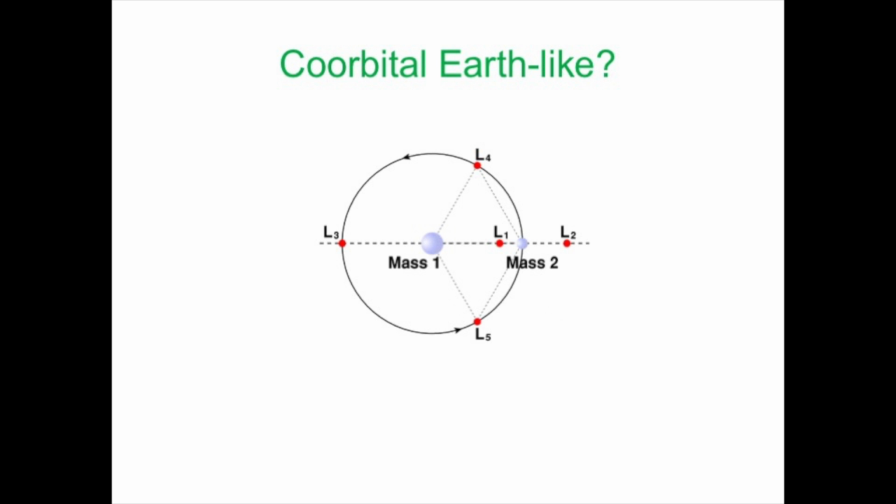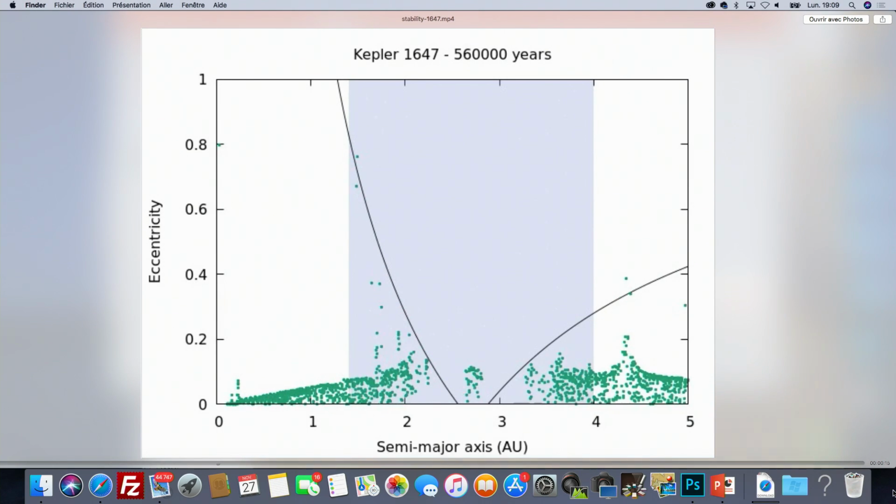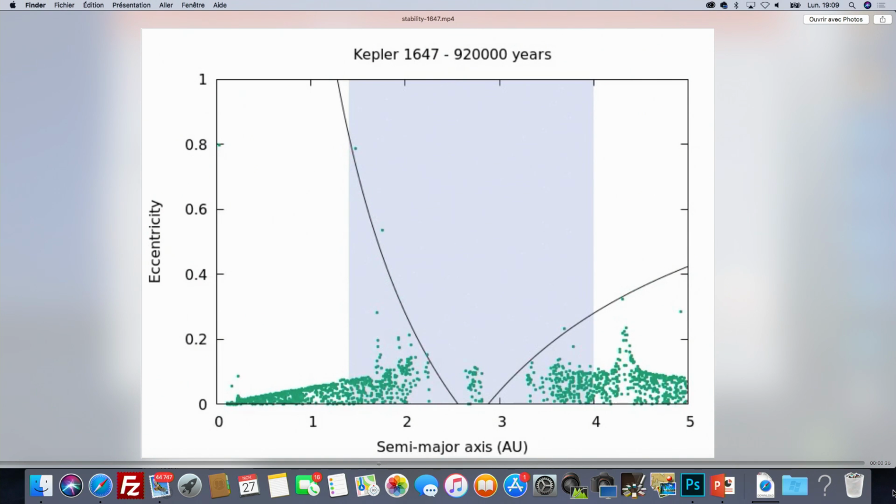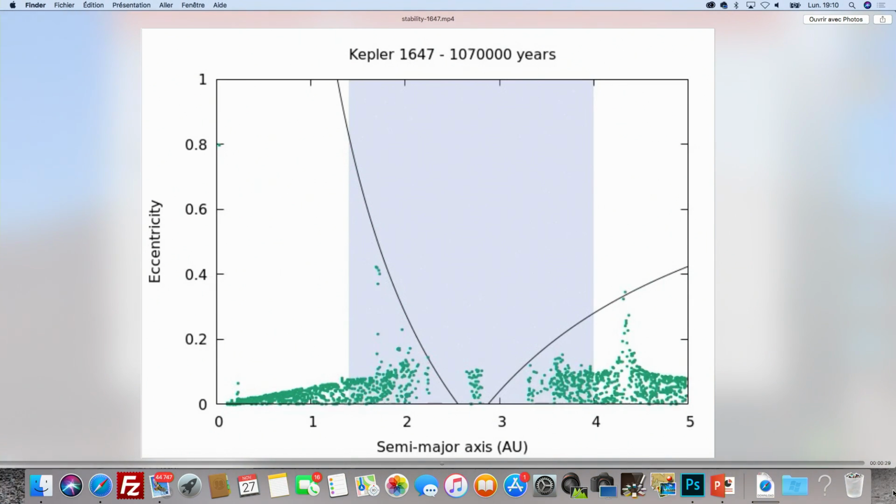These two black lines give the conditions where the particles cross the orbit of the planet, and we distributed particles here. As they evolve, we have a stable region here, in the inner border of the habitable zone, a little bit stable here, here it's not, here's the same.